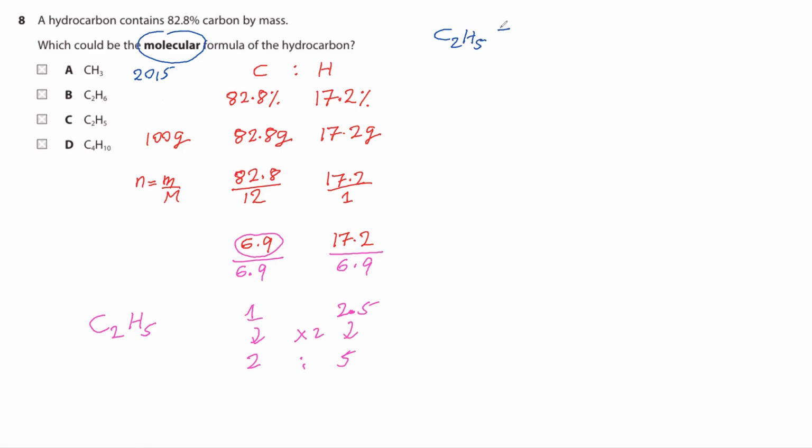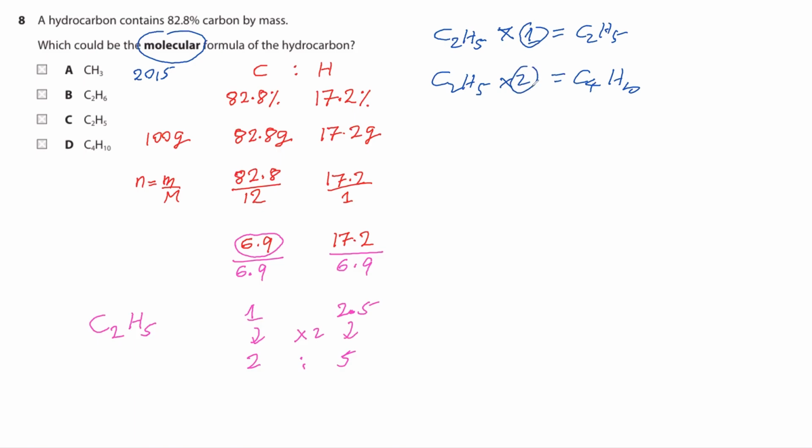Empirical formula times 1: if you multiply C2H5 by 1, it is C2H5. If you multiply C2H5 by 2, it is C4H10. If you multiply C2H5 by 3, it is C6H15. So our empirical formula times a whole number will be our molecular formula.